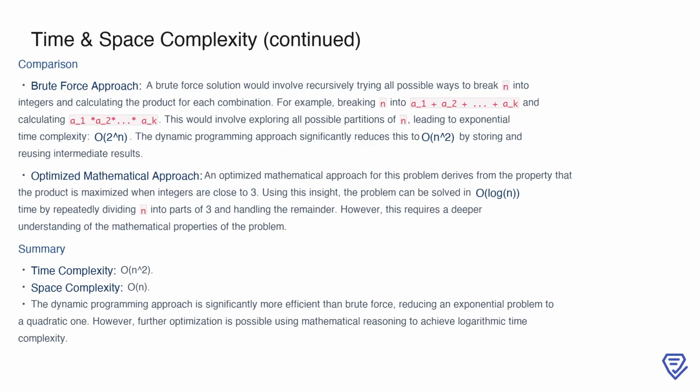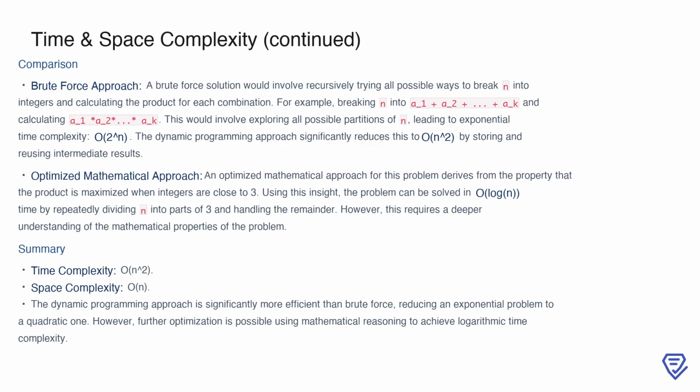This process grows exponentially, resulting in a time complexity of 2 to the power of n. On the other hand, dynamic programming reduces this by reusing intermediate results, achieving a time complexity of O(n squared). Additionally, there is an optimized mathematical approach based on the property that the product is maximized when integers are close to 3.